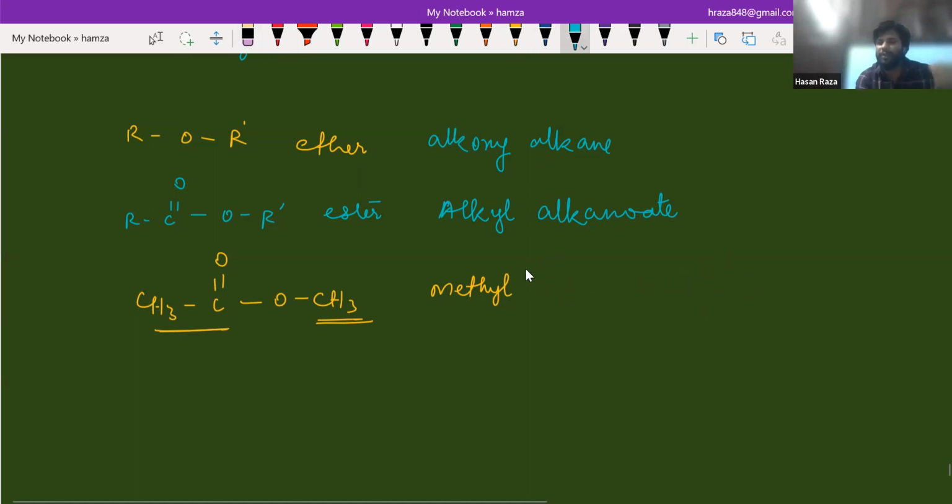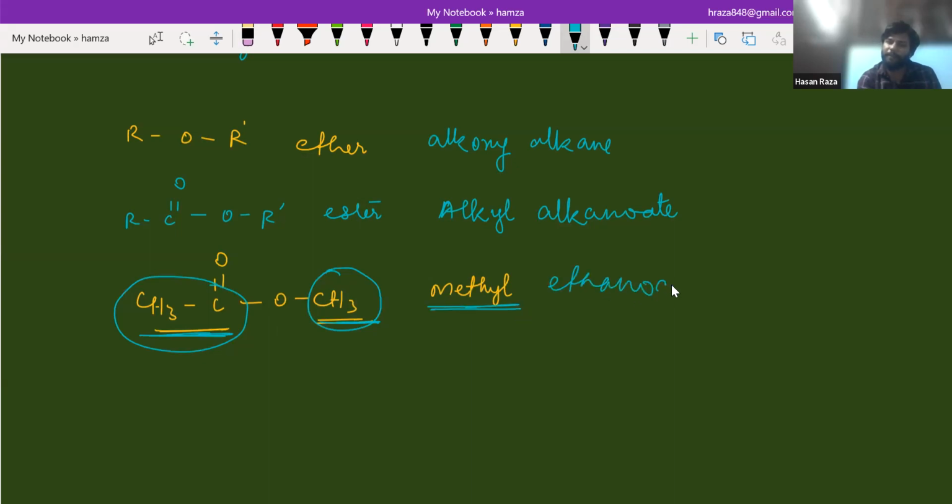See, we have to decide which one is the parent chain and which one is the substituent. This side has only one carbon, and this side has two carbons. So this will be the substituent and this will be the parent. So its name will be methyl ethanoate. Is that clear to you, Nafisa? Fawaz?